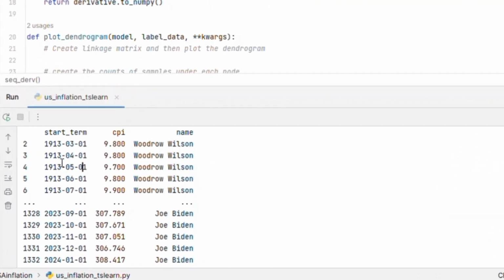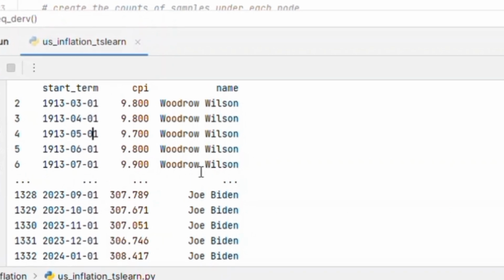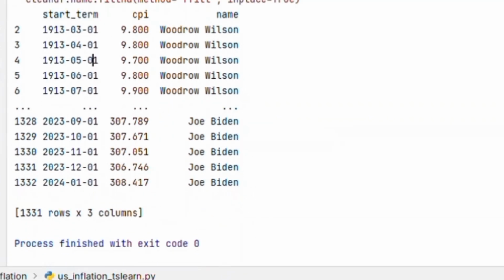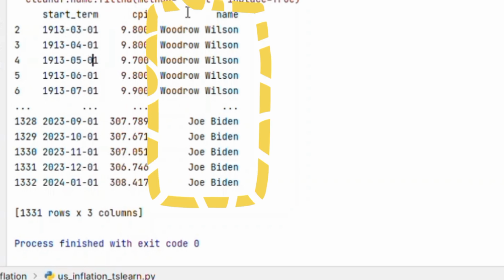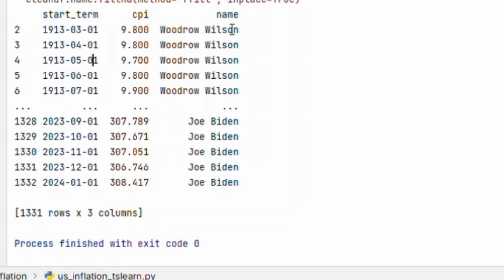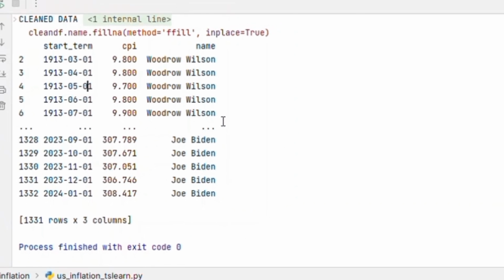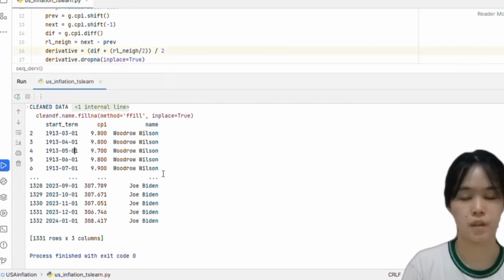And this is the clean data that we have. Maybe I should maximize this. Anyway, so the clean data has 3 columns now: the starting term, the CPI, and the name of the president. Next, we group this dataset by the name and calculate the derivative of the CPI.